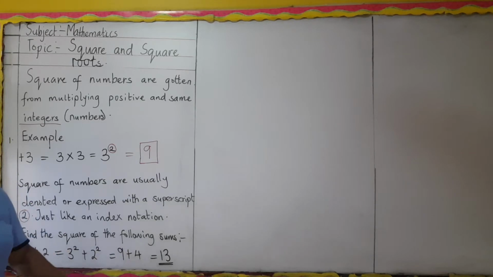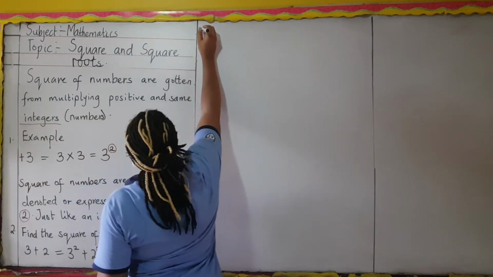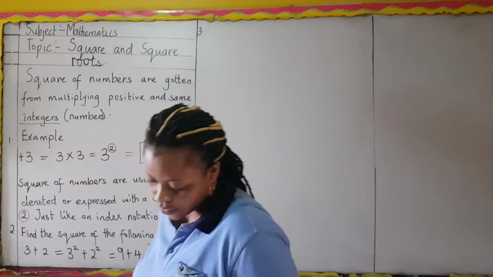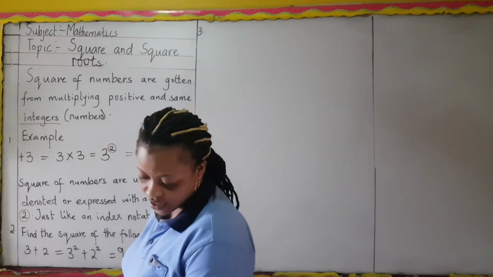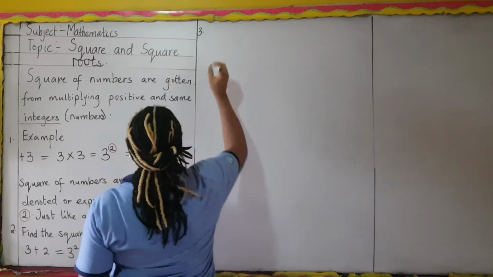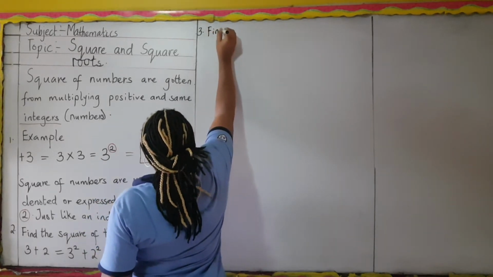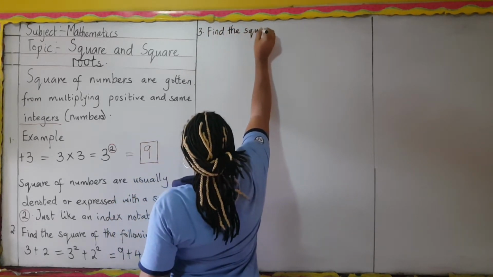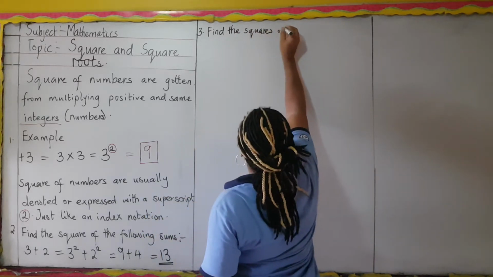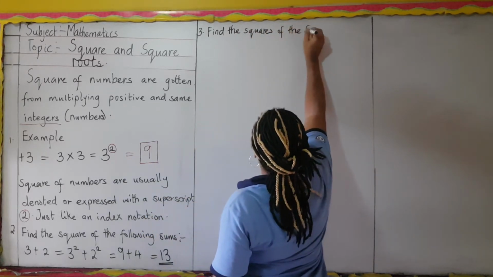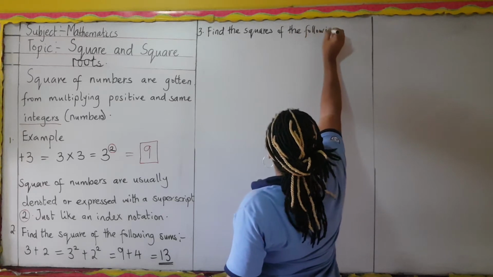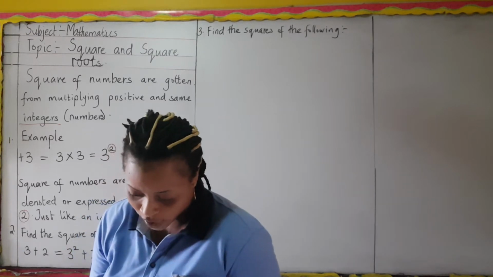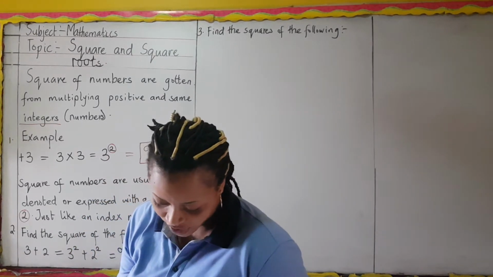Hope you've understood this. Now another example, still on square, example 3. We are going to look at this. They said we should find the squares of the following. I have this one to be very simple.